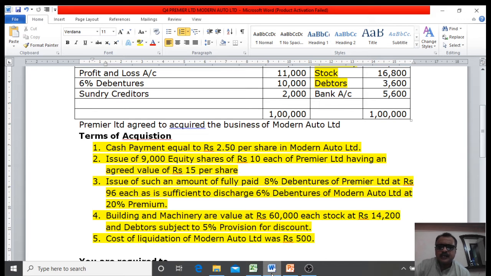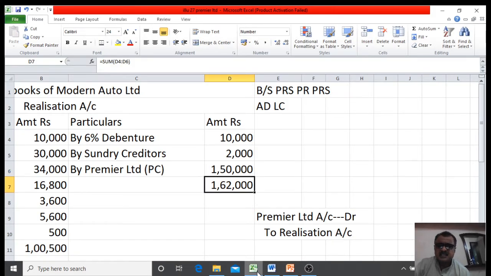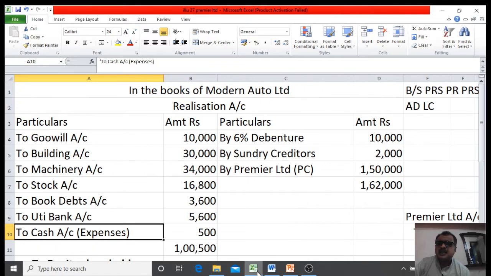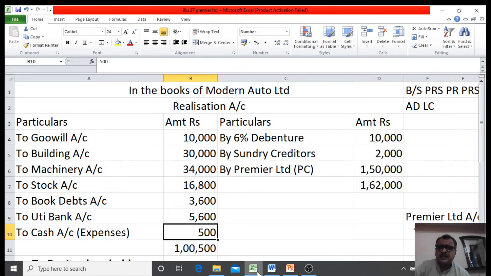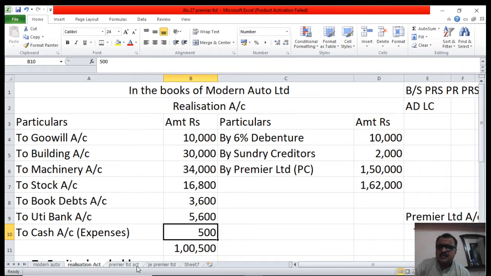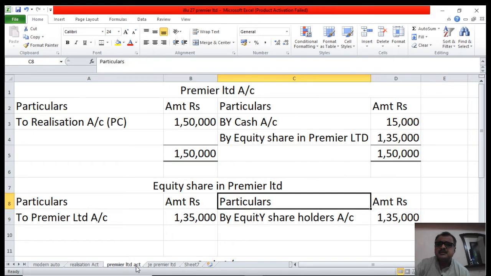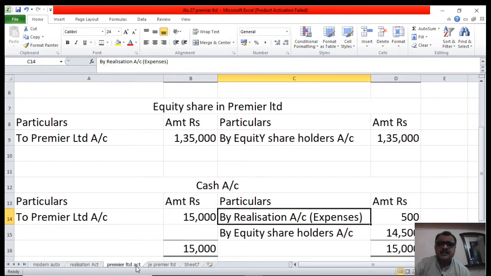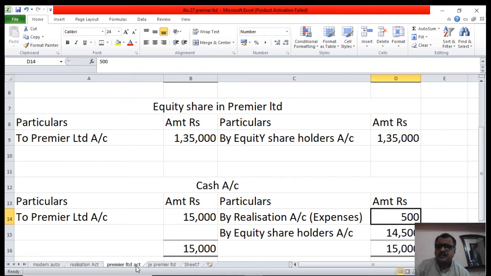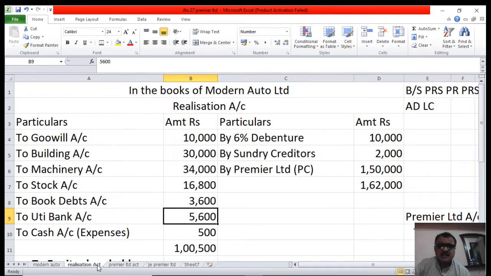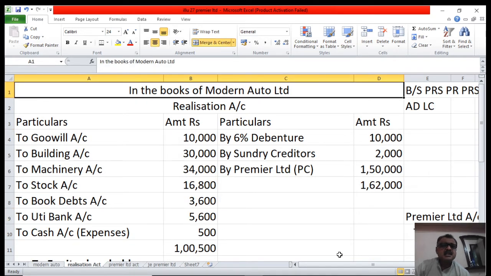So cash is to be credited and realization is to be debited. So the entry will be realization account debit to cash. So in realization account debit side, we will write to cash 500, and the second effect will come in cash account, that is by realization (expenses) 500. So this completes my R, that is realization expenses paid by vendor company.